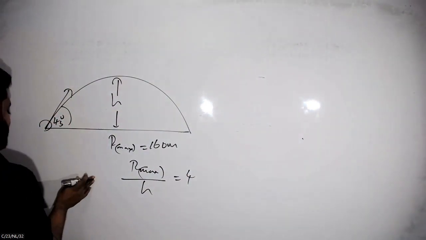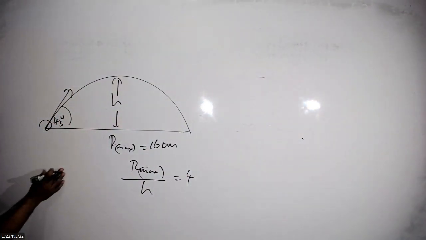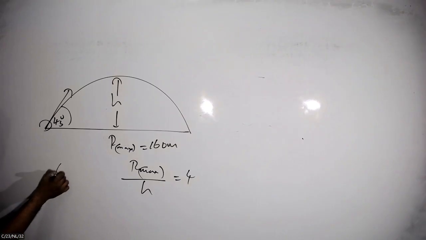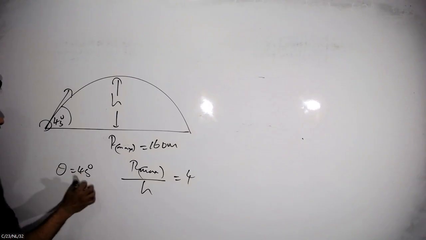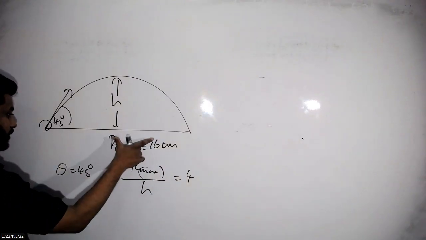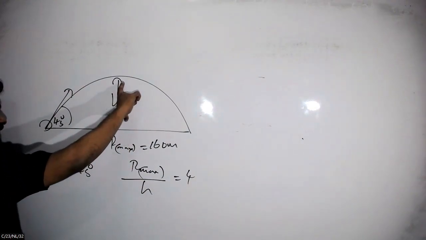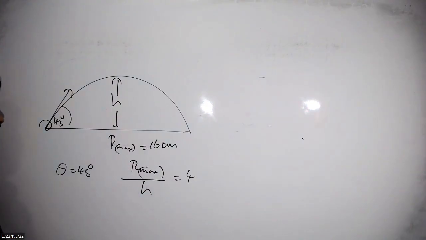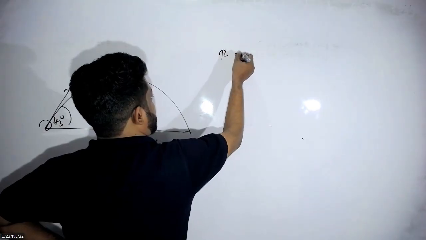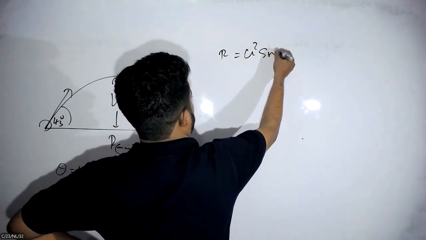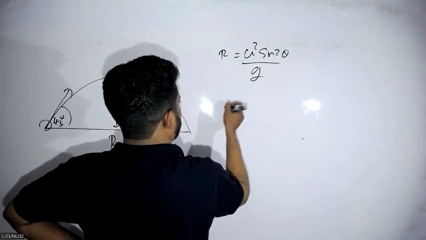Again, when theta is equal to 45 degree, at the maximum horizontal range, the ratio between the maximum horizontal range and the maximum height of that projectile is equal to 4. We can obtain this. The range is u squared sin 2 theta over g, no?